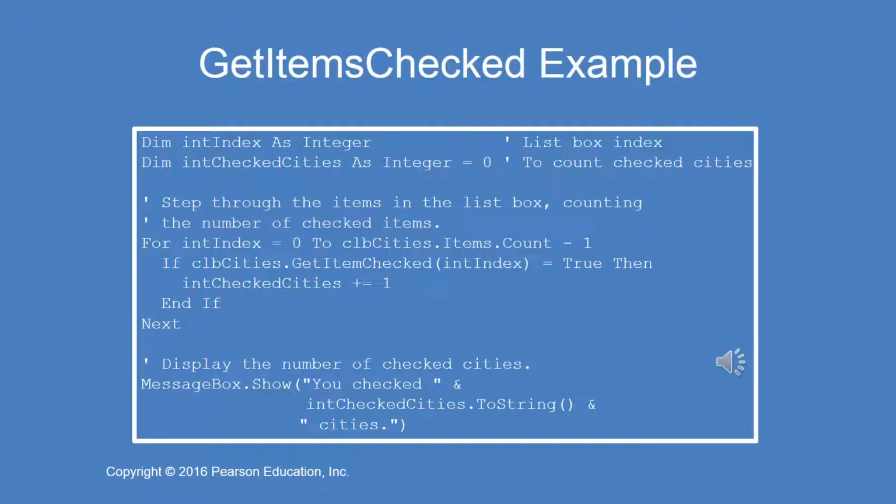If it has, we increment the counter, the accumulator, intCheckedCities by 1. And then at the end, we'll be able to use the value in intCheckedCities to display a message box showing how many cities the user checked at runtime.